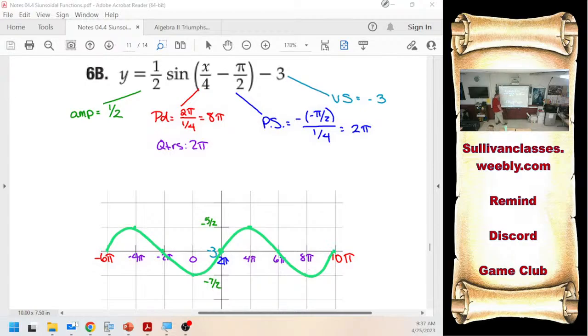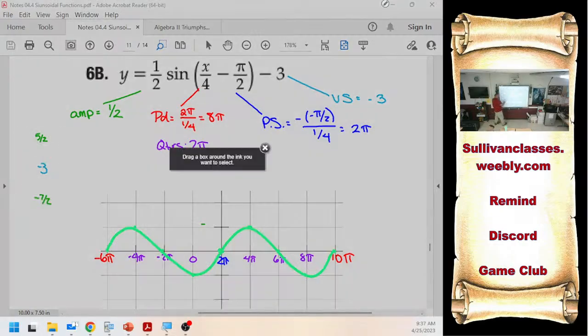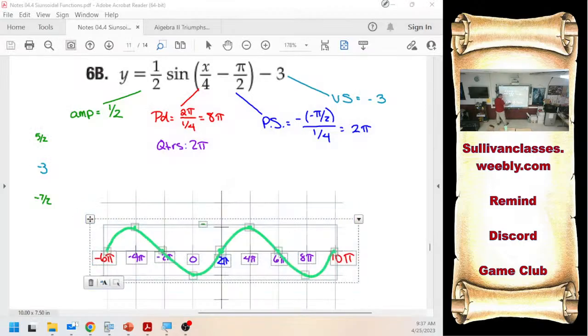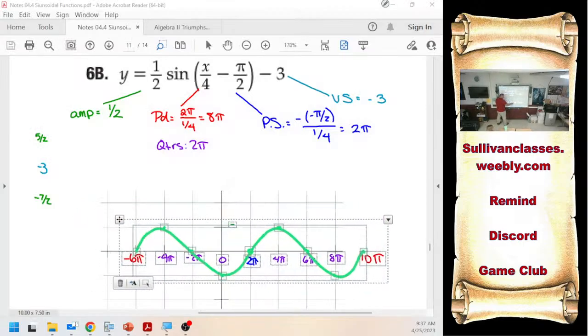Now, you notice how 0 happened to be one of my quarter mark points. That means I could have just started there instead.